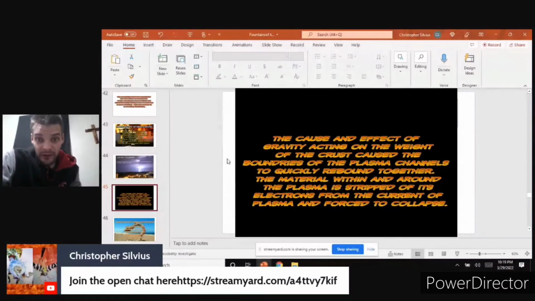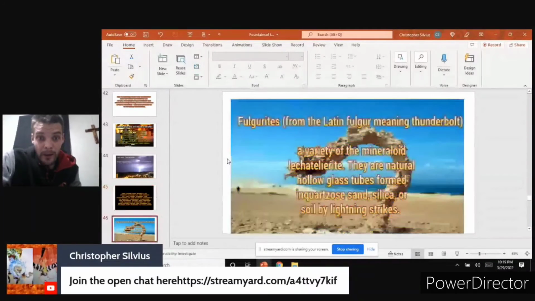So the cause and effect of gravity acting on the weight of the crust caused the boundaries of the plasma channels to quickly rebound together, and the material within and around the plasma is stripped of its electrons from the current of plasma and forced to collapse. Fulgurites are formed when a variety of mineraloid lechatelierites, natural hollow glass tubes, quartz, sand, silica, soil, are fused together by lightning strikes.